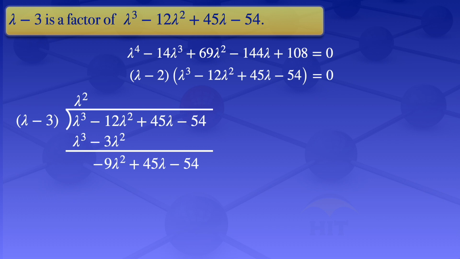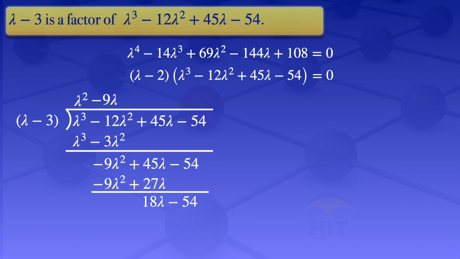The leading term there is minus 9 lambda squared and divided by lambda, we get minus 9 lambda. So I'll write on top there minus 9 lambda. Multiply that minus 9 lambda by lambda minus 3 and we get minus 9 lambda squared plus 27 lambda. Subtract it from the above, we get minus 9 lambda squared minus 9 lambda squared, it gives us a 0. 45 lambda minus 27 lambda, it gives us 18 lambda.